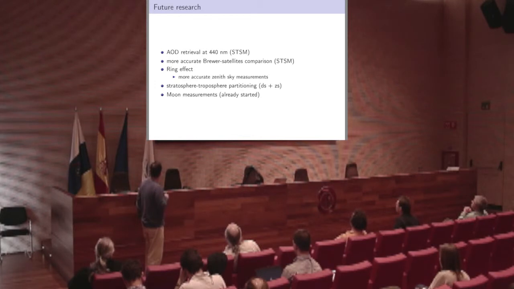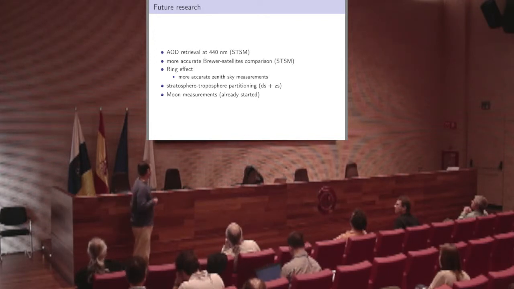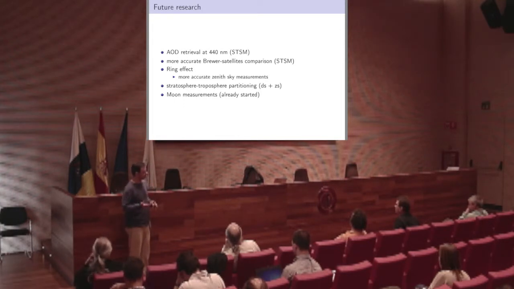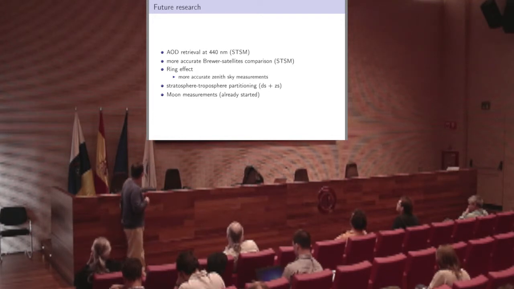Then the ring effect is still an issue for zenith sky measurements, so it deserves a more detailed study. But current models don't support at the same time the rotational Raman scattering and vector and polarized simulations. So this may be a problem.